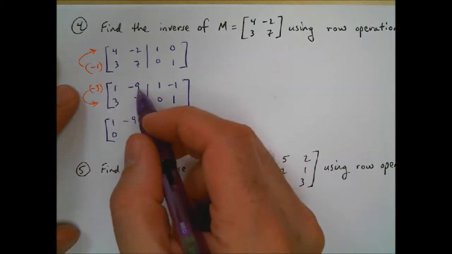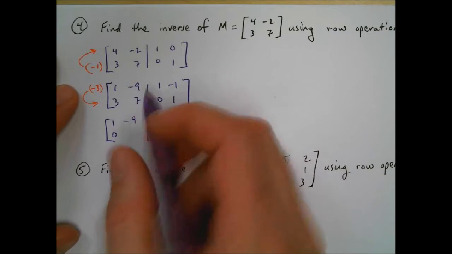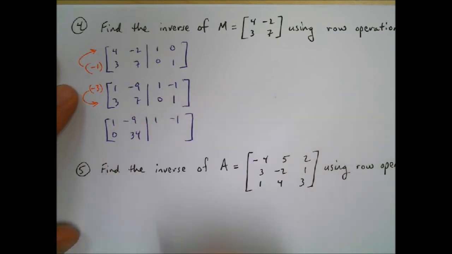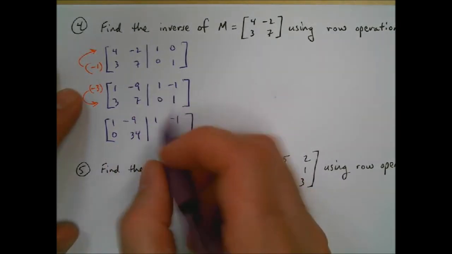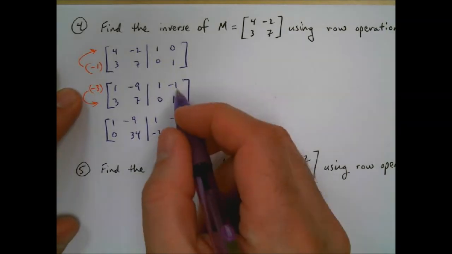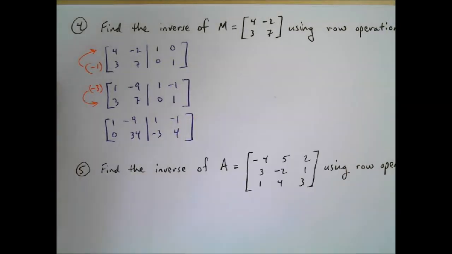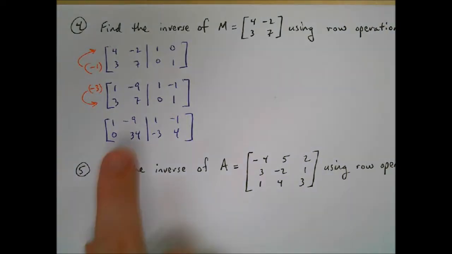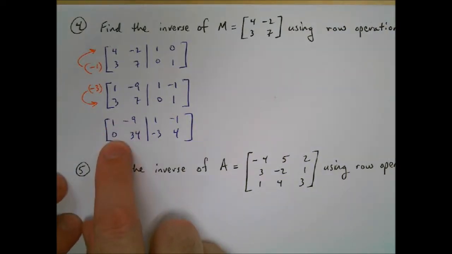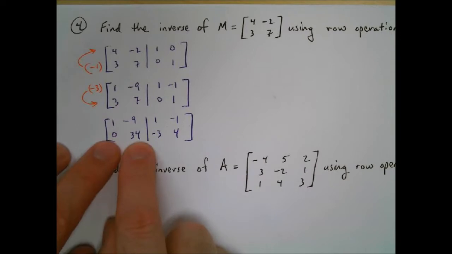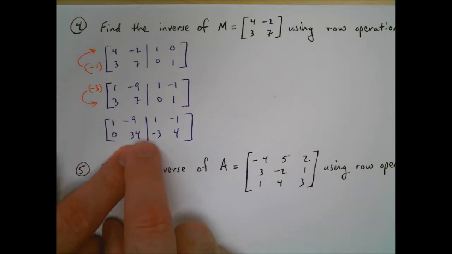We get 27 plus 7 is 34. We get -3 plus 0, and we get +3 plus 1. Okay. Now, we've got the top left one. We've got the zeros beneath it. And then we get the next one in the main diagonal. And now, because it's just a 2 by 2, the next one in the main diagonal also happens to be the last one in the main diagonal.